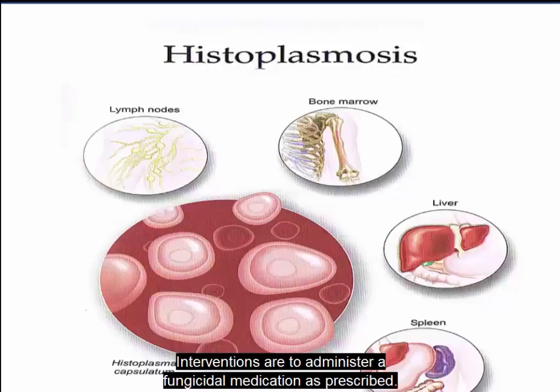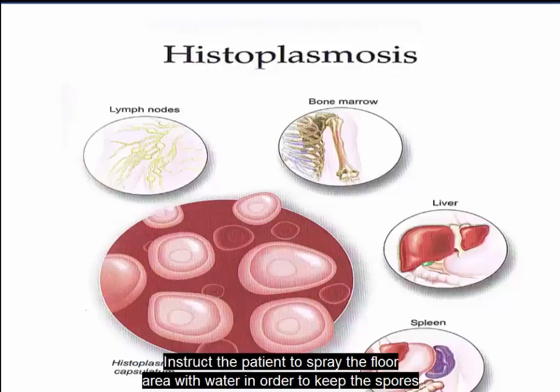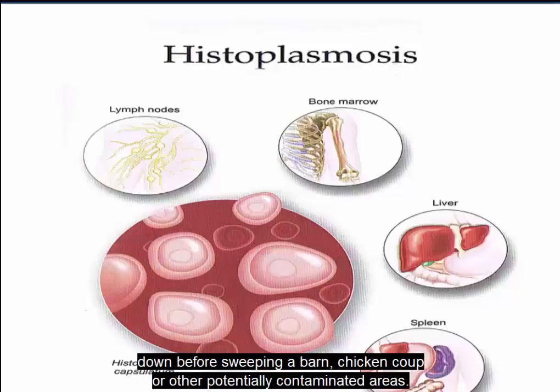Interventions are to administer a fungicidal medication as prescribed, place the patient in a semi-Fowler's position, and monitor for nephrotoxicity from medications. Instruct the patient to spray the floor area with water in order to keep the spores down before sweeping a barn, chicken coop, or other potentially contaminated areas.